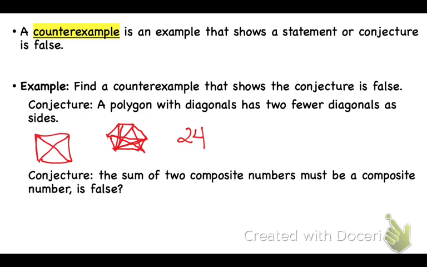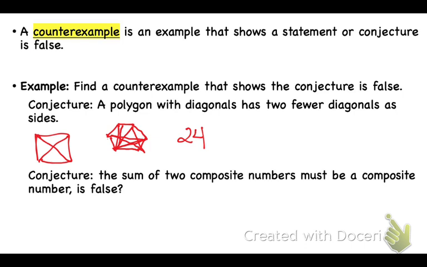Okay. So the sum, and yours you got to put sum. The sum of 2 composite numbers must be a composite number. You know what a composite number is? No. Composite is like, it's made up of more, it's not prime. Like 4 is 2 times 2. Prime is 1 and itself, like 3, 2, 7, 13.